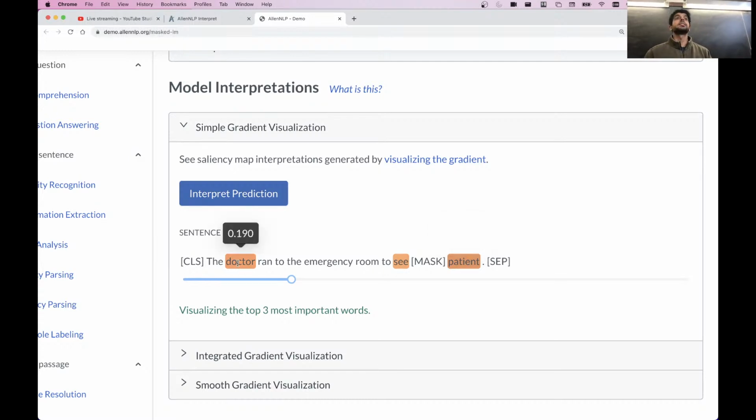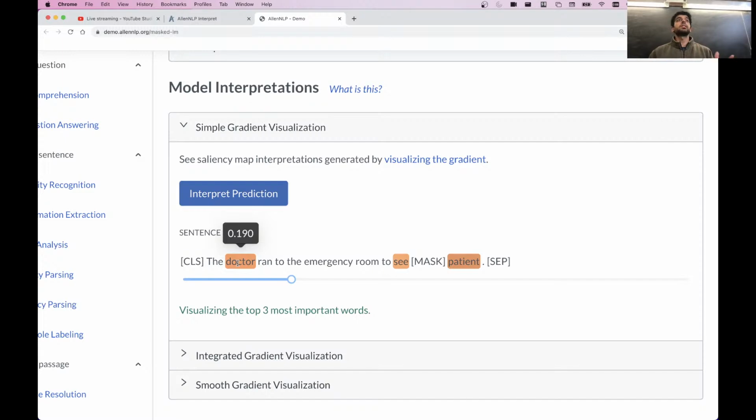So the model has likely learned through its objective and through the data sources that it's been trained on that doctor and "his" or "he" co-occur more frequently than doctor and "she", and so it is just spitting out this representation of the bias in its own training data.